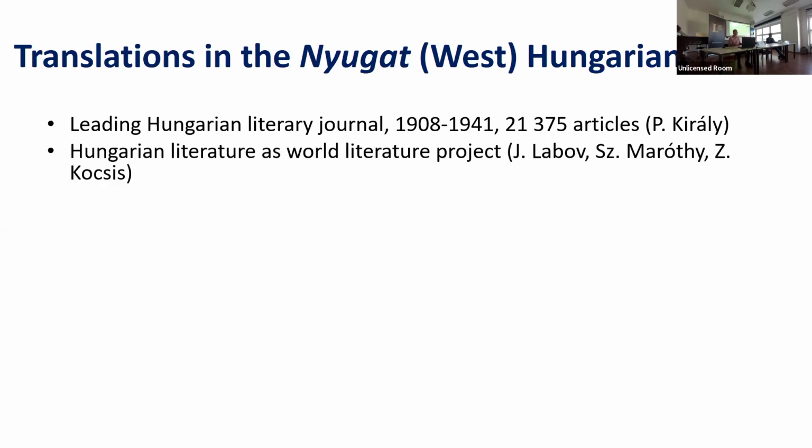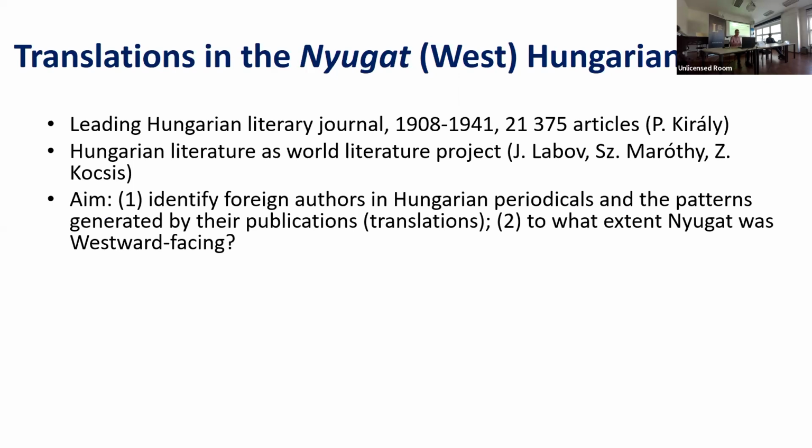And this pilot study, work in progress, is part of a larger project of the Institute of Literature at the Hungarian Academy of Sciences. The title of the project was Hungarian Literature as World Literature, and I collaborated with some colleagues there. I'm not a literary scholar at all, but I helped them with the data cleaning, data enrichment, and visualization.